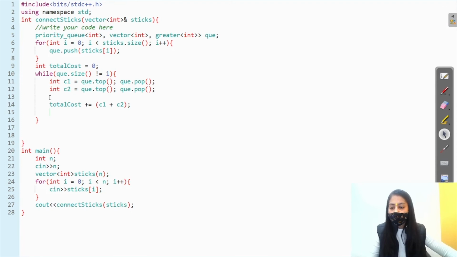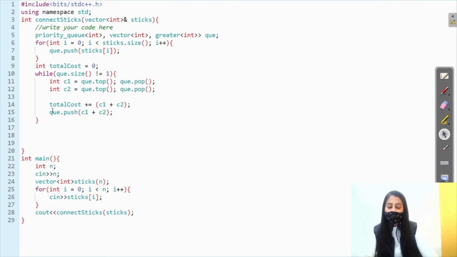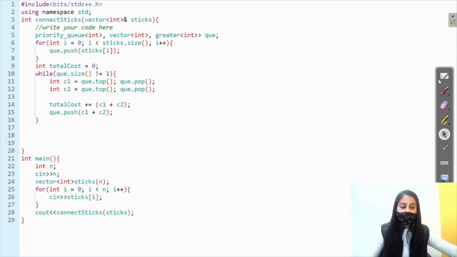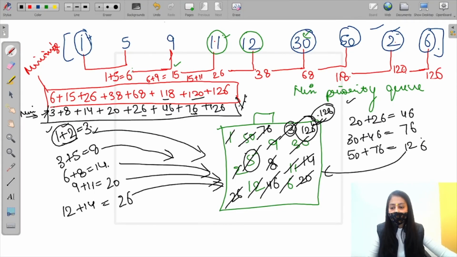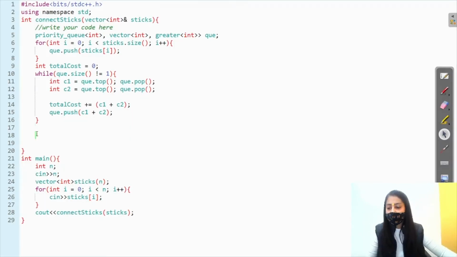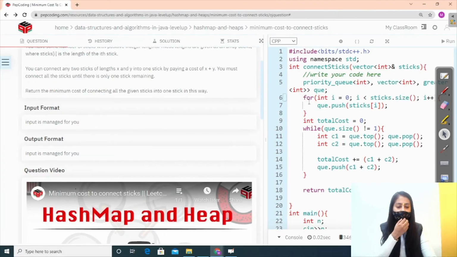So in the queue, push the combined stick again. And in the end, when you have returned from this, you have to return this total cost, right? So this will be your minimum cost. So return the total cost. So I think the code is very simple.